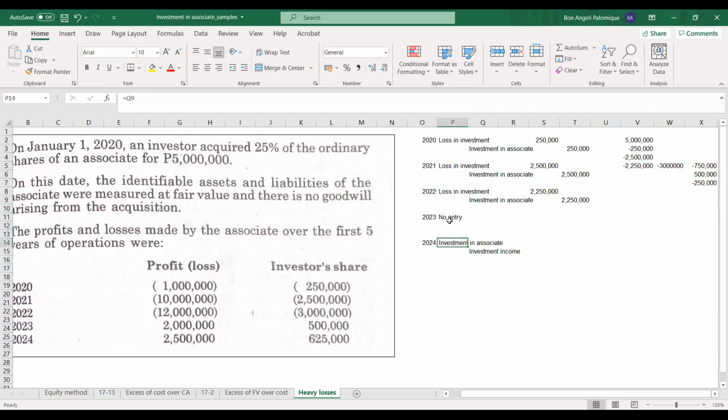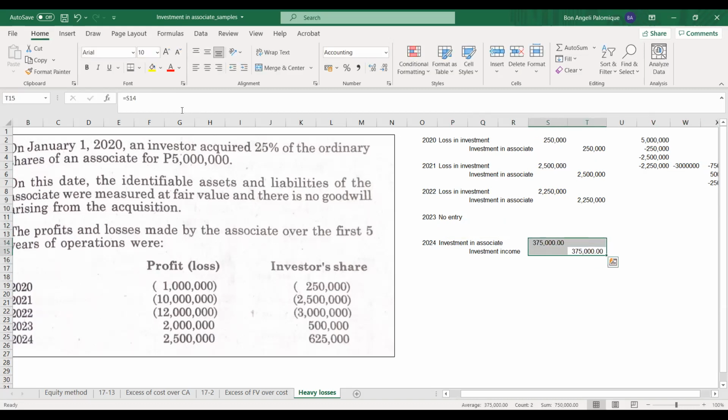For 2024, mag-record na ako. So, may gain na ako na 625,000. Ang kaso, ang pwede kong i-record dito is yung portion lang din na 625 less 250,000, which is 375,000.